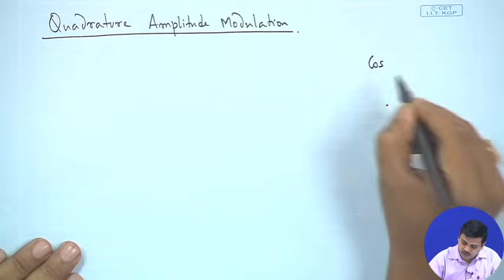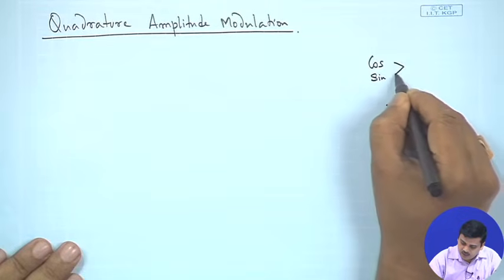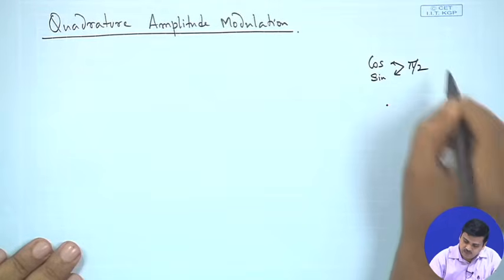If it is quadrature, we have introduced the term quadrature in the previous lecture, and a few minutes back also we have talked about the quadrature. So, quadrature for us would mean the carriers in phase which are in quadrature with each other. That means there is a cosine and there is a sine which are at 90 degrees with each other.